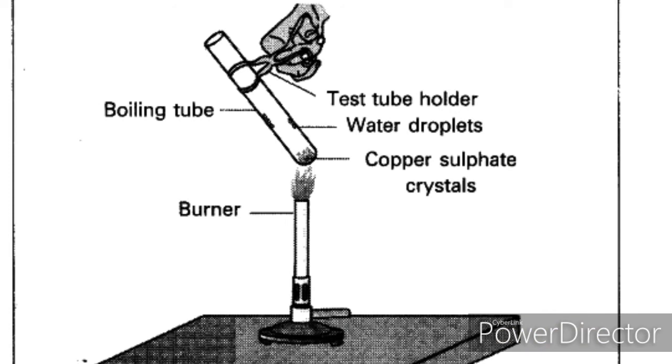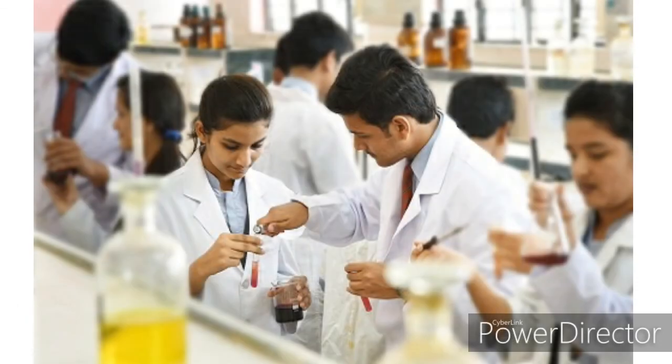Strong acids like sulfuric acid, nitric acid, hydrochloric acid, or strong bases like sodium hydroxide, potassium hydroxide, when they fall on our skin, the skin will burn because they are corrosive in nature. When they fall on our clothes, clothes will burn. So you have to be very careful.